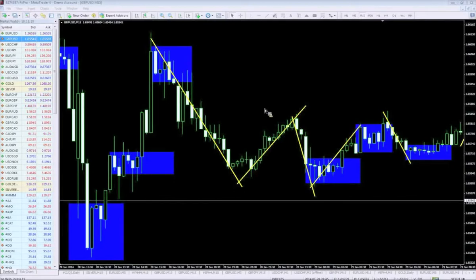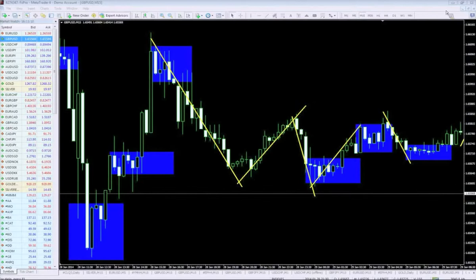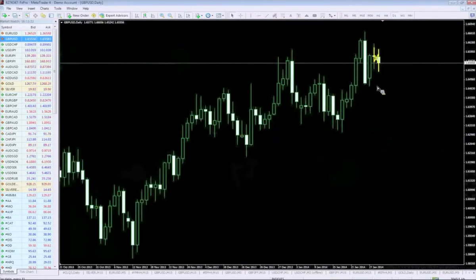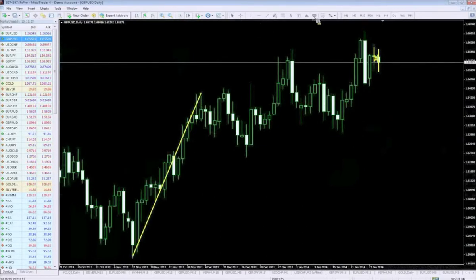All right, so this is a 15-minute time frame of the pound dollar. Let's go to a daily pound dollar and look at what we have. We have the uptrend, and then we have the consolidating market, and then we have the downtrend, and then we have the instant reversal.